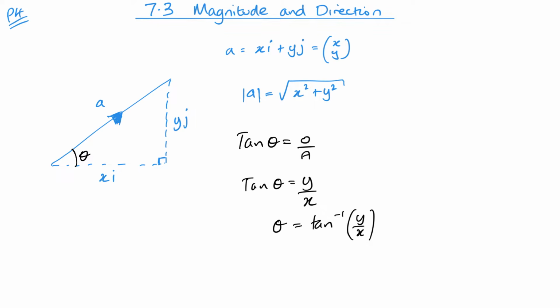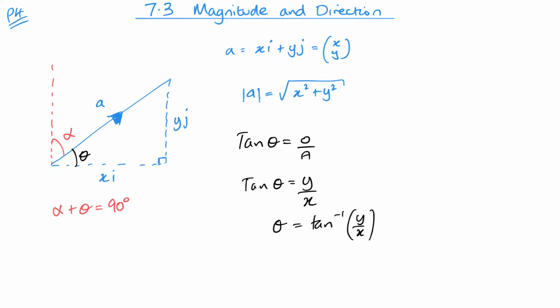Now going with that, and I'll pop this in red here, you could be looking at an angle here, which I'm going to call alpha, and obviously alpha plus theta is going to give me 90 degrees.